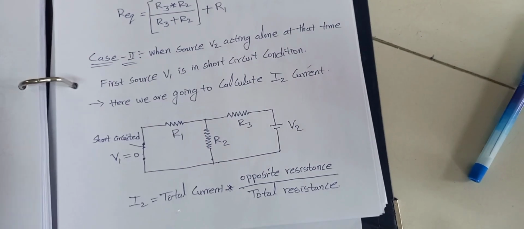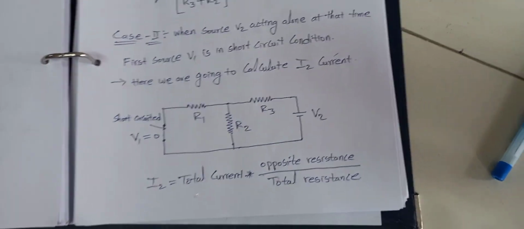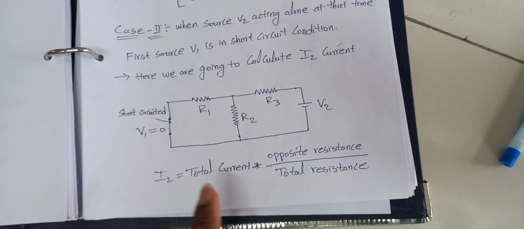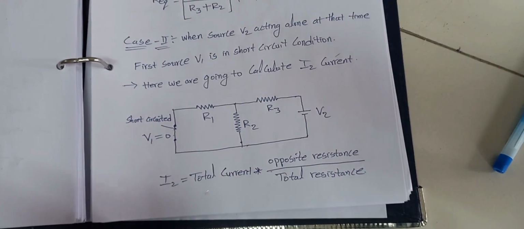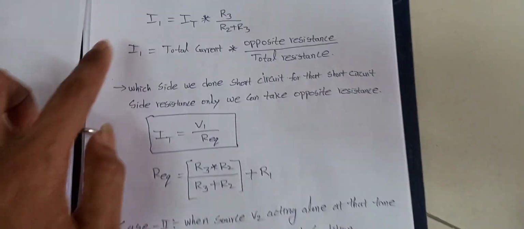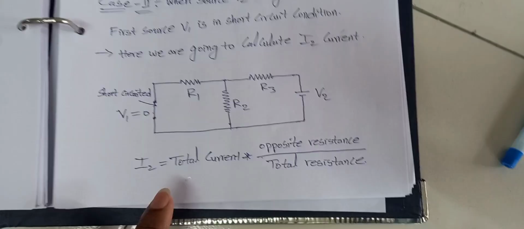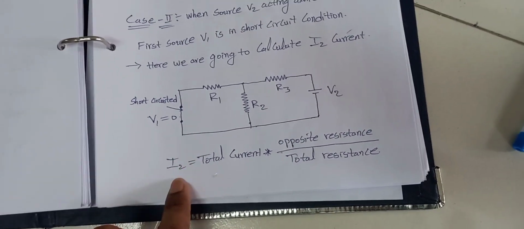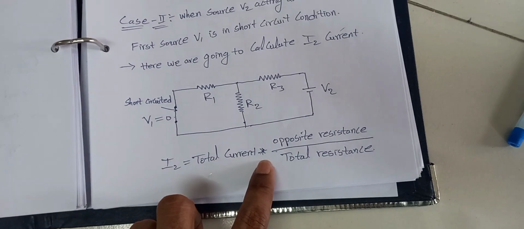The formulas do not change. You write the same formulas as case 1, but you change only the current. Previously you took I1 current, but here you take I2 current. I2 current is equal to total current into opposite resistance by total resistance, the same formula with no change.